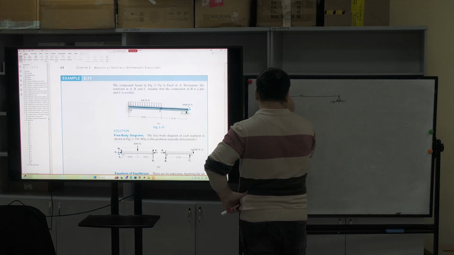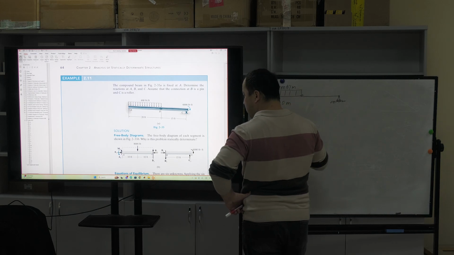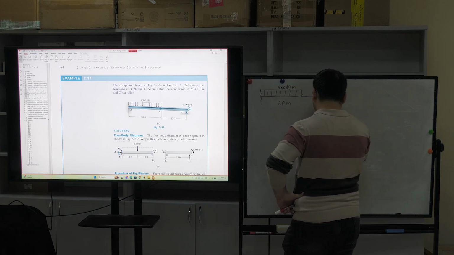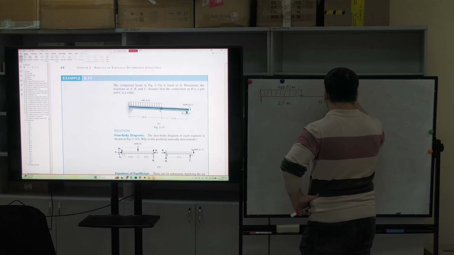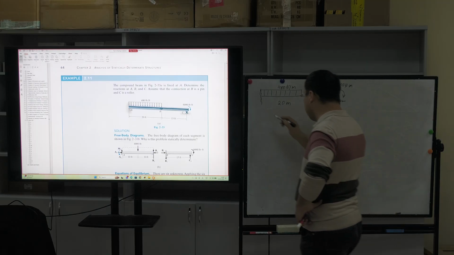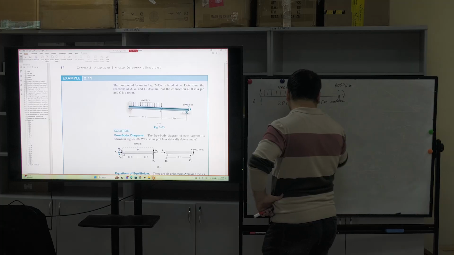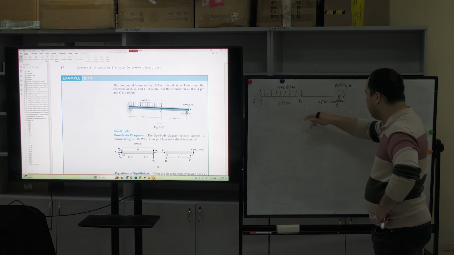And we have some distributed load here, 400 Newton per meter, and the distance is 20 meters, and here is 15 meters, and we have one more moment here, 6,000 Newton meter. Quite a lot. We have point A fixed, point B is the internal hinge, and point C is what? Roller support.